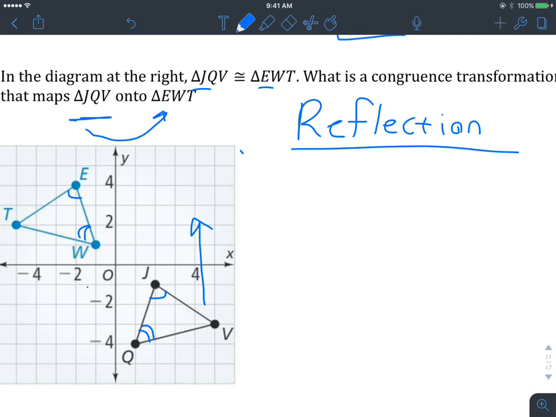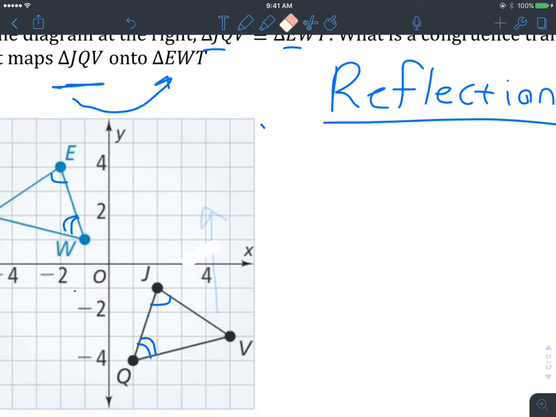So if I figure out where J needs to be, I want J to move up a couple points, and if I line that up right there at (2, 4), I think we'll be good for J. So I'm going to put J prime right there as a reference point. That was up 5, so I need to move all the other points up 5. So Q prime would be right there, and V prime is up 5 as well.